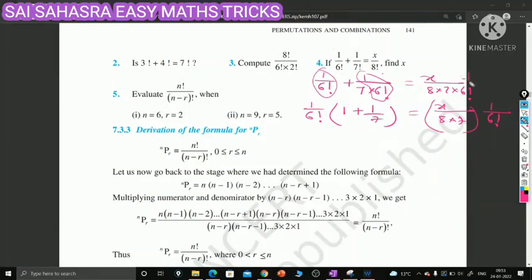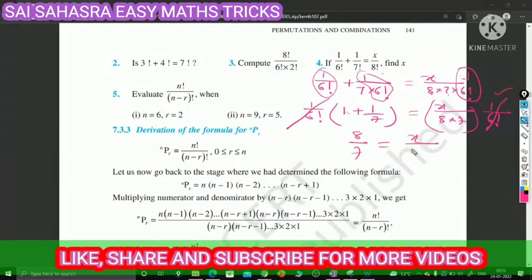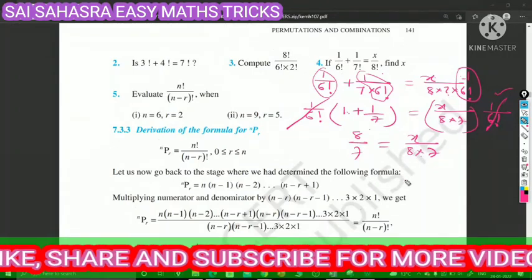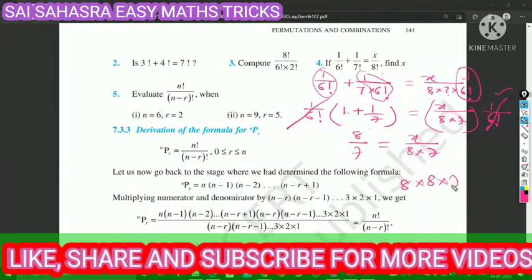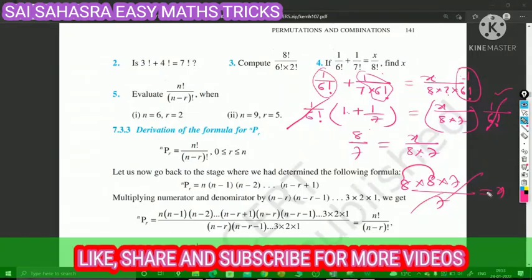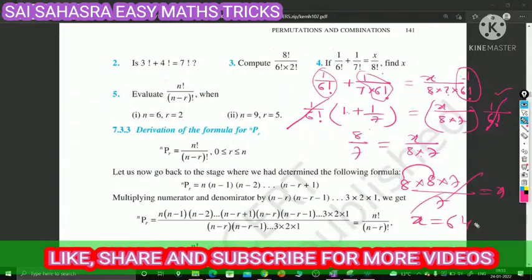This 1 by 6 factorial separate, x by 8 into 7. 1 by 6 factorial gets cancelled. 7 into 1, 7 plus 1, 8 by 7 is equal to x by 8 into 7. This one you can take here. 8 into 8 into 7 by 7 is equal to x. 7 gets cancelled. 8 into 8 will be 64. So finally you can write x value 64.